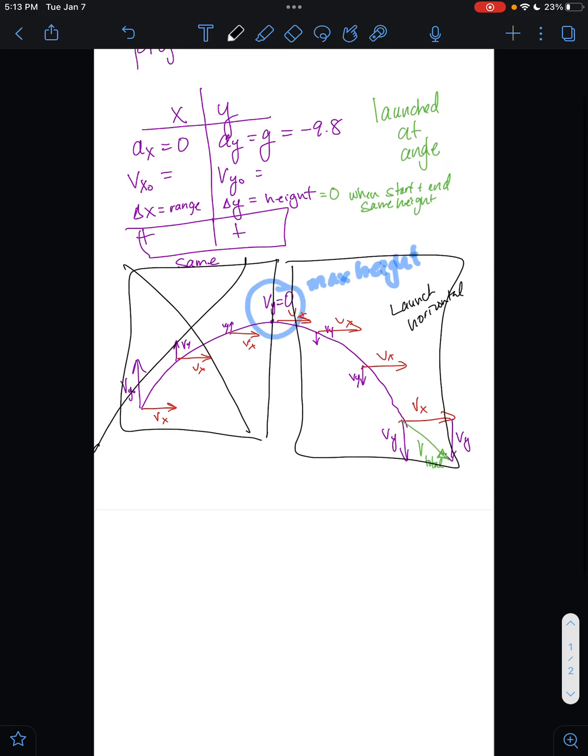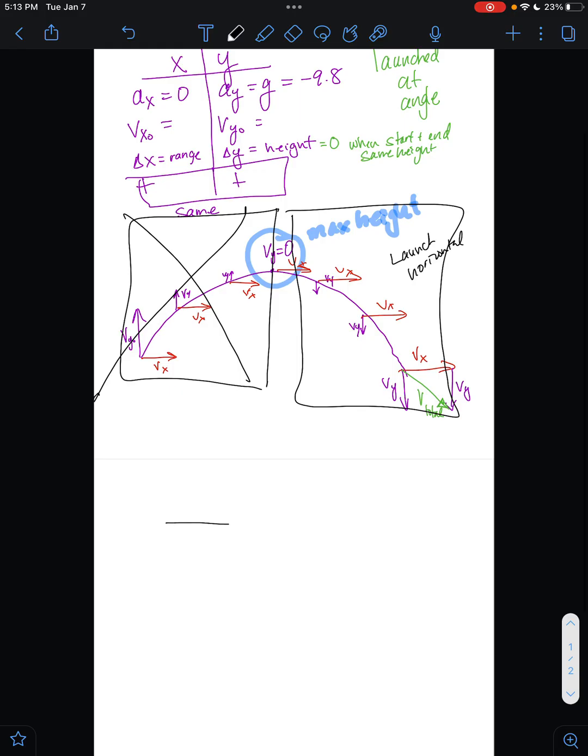So again, something that's launched horizontally starts with an x velocity. That's its launch velocity. But the starting y velocity is 0 anytime that something is launched horizontally. As it continues to go, the x velocity remains constant, but the y velocity starts at 0 and gets bigger and bigger on its way down.